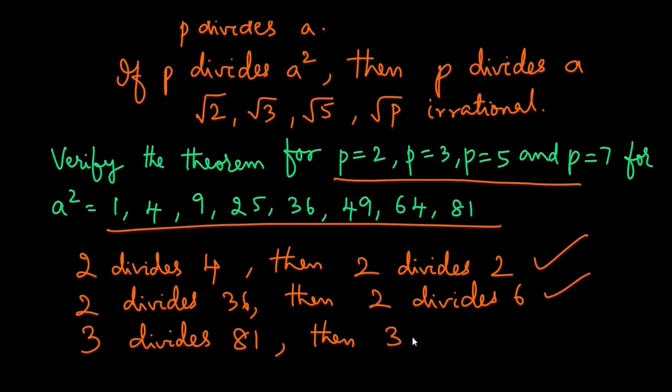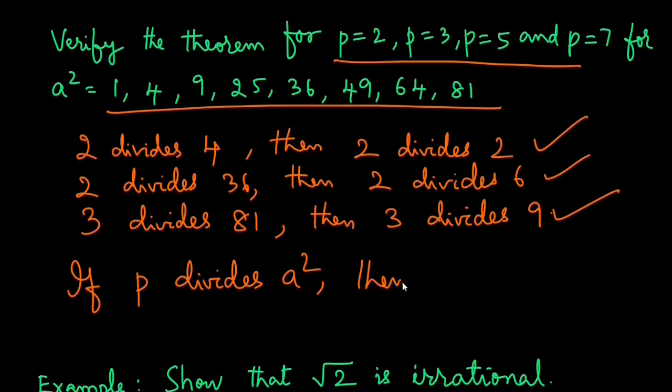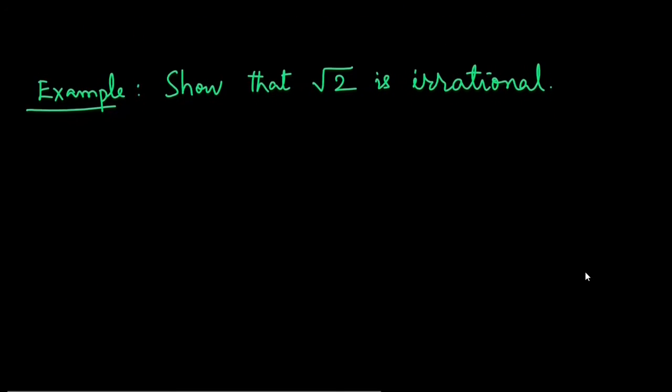Then 3 divides 9. So the theorem is verified here. If p divides a square, then p divides a. Let us take some examples of proving irrational numbers.